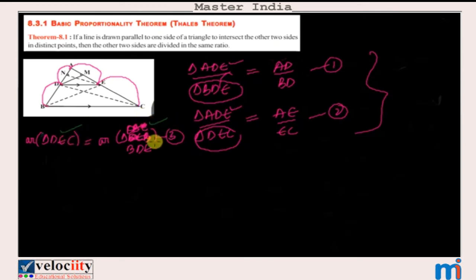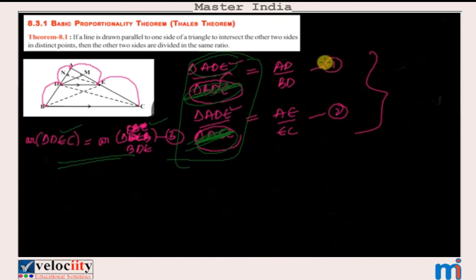Triangle DEC is equal to triangle BDE. Both the denominators are equal. The numerators were already equal. Now the denominators are also equal from the third equation, which means the left hand sides of these two equations are equal. If the left hand side is equal, the right hand side will also be equal. So obviously AD by BD will be equal to AE by EC.